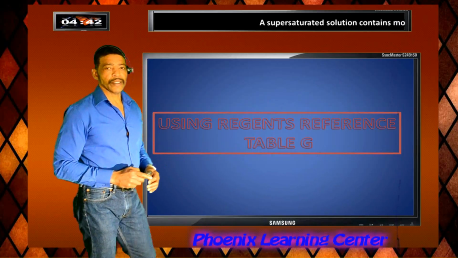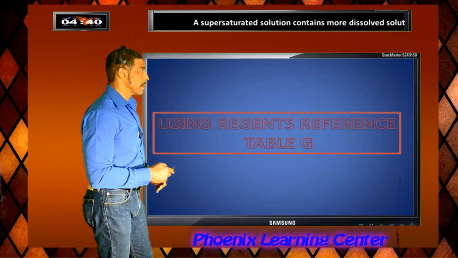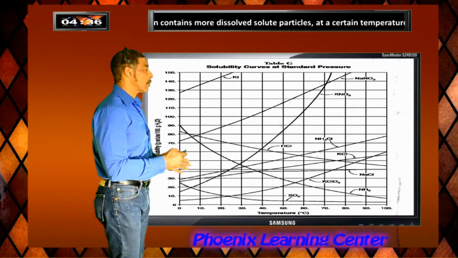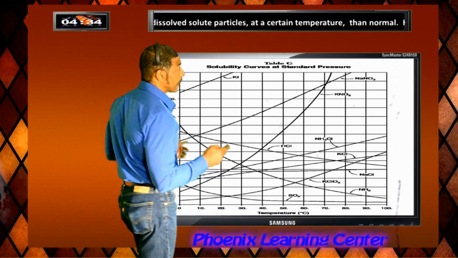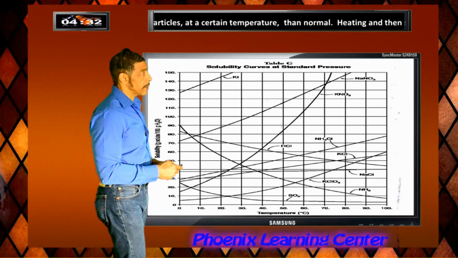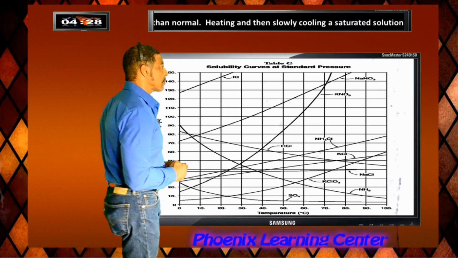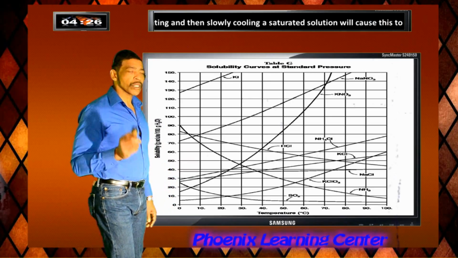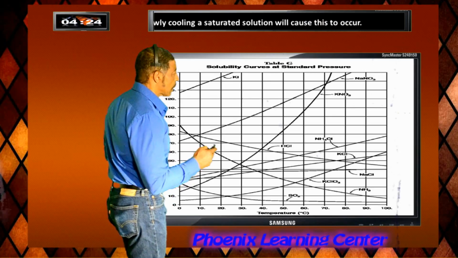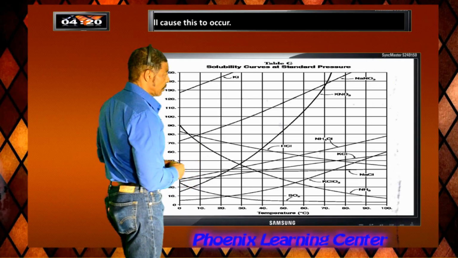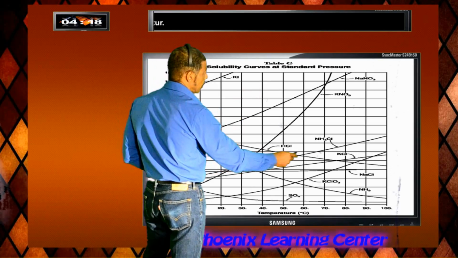Now, using Reference Table G. Reference Table G consists of solubility curves for a variety of ionic and covalent compounds. Table G indicates how many grams of a substance will dissolve in 100 mLs of water at a certain temperature. Table G consists of ascending lines and descending lines.